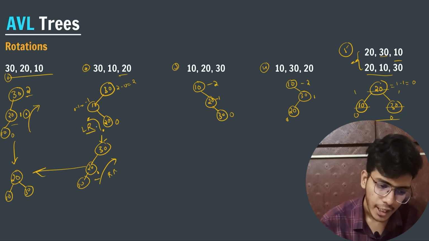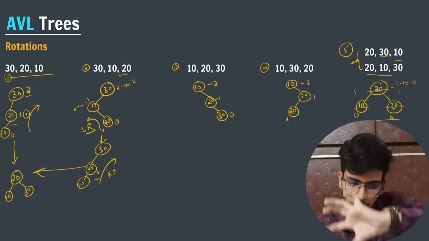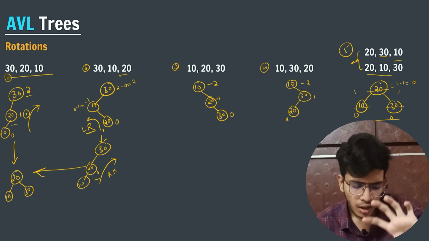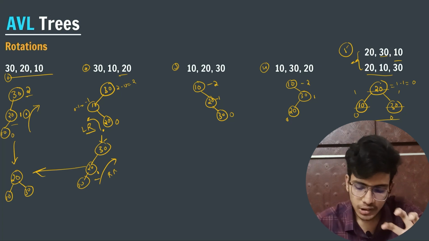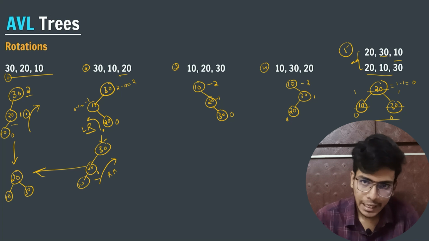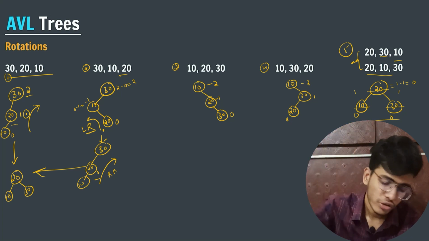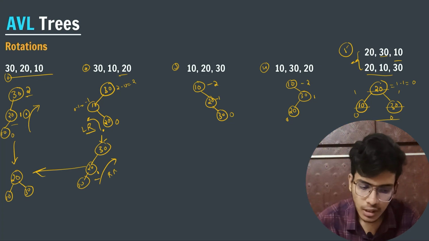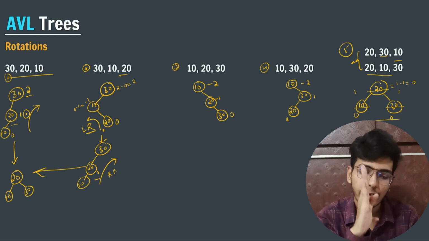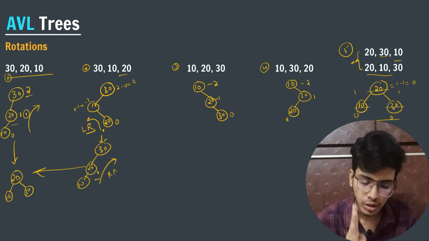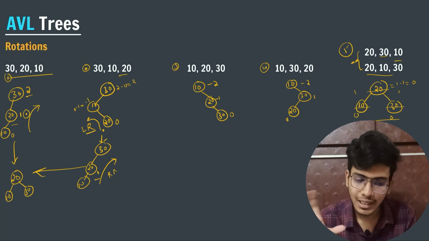Here you can see that I am performing two rotations. First of all, I performed a left rotation, and because of the left rotation, 10 came down and 20 goes up. After that, I performed a right rotation, and when I performed the right rotation, 20 became my middle value, my root, with 10 on the left and 30 on the right.